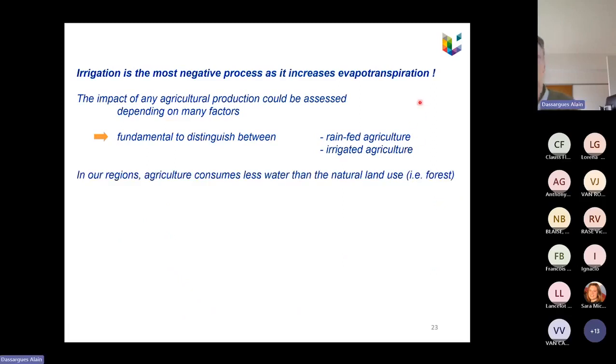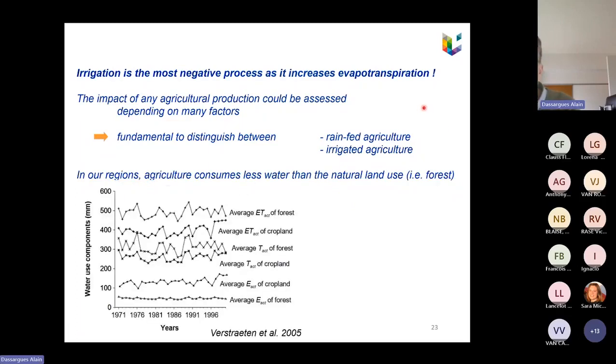And as I said previously, in our regions in Belgium, agriculture consumes less water than the natural land use, and it is a study from our colleagues from the KU Leuven. And you can see here the average evapotranspiration of a forest during a long period, during 25 years. And you can see that globally it is higher than the evapotranspiration of croplands.